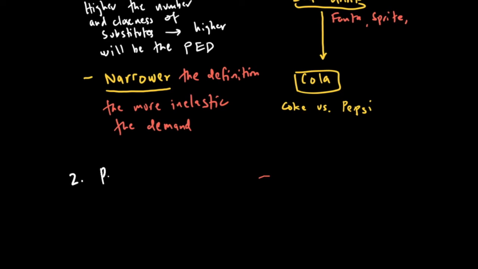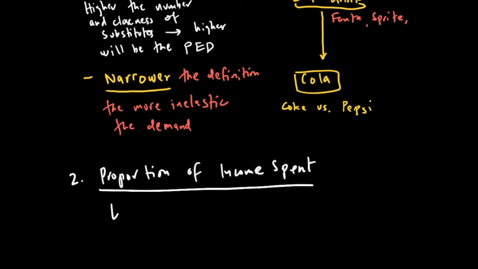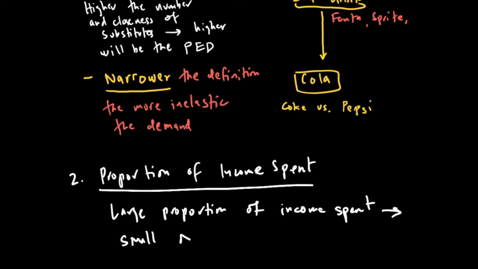So number 2 is proportion of income spent. And here what we say is that if a good is expensive, if a large proportion of income is spent on the good, let's say a luxury good, then a small change in price will lead to a large change in quantity demanded.